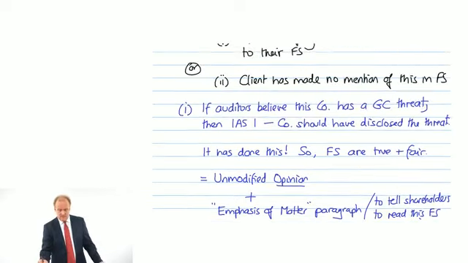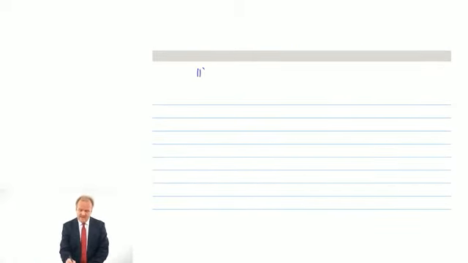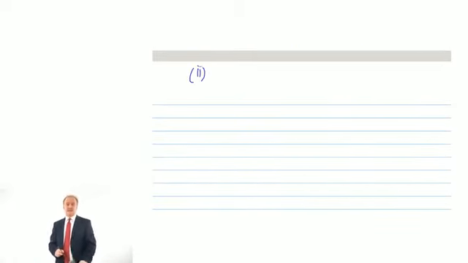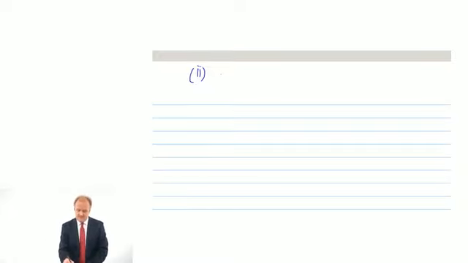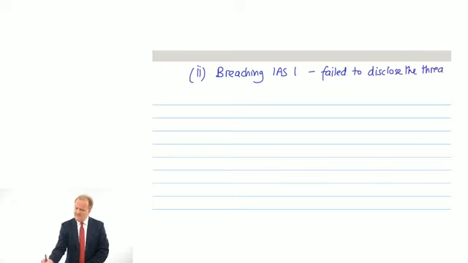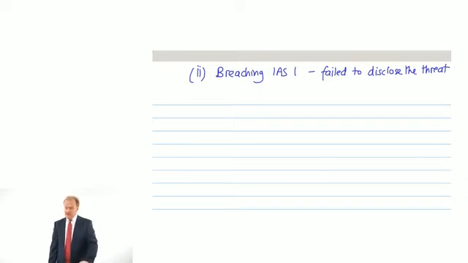What about part 2? What if the client has made no mention of this in their accounts? Well, if they've made no mention of this, then they are breaching IAS 1. And failing to disclose something is just as bad as getting your debits and credits wrong.